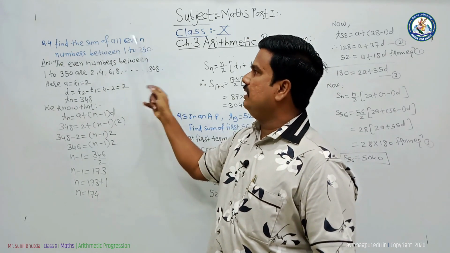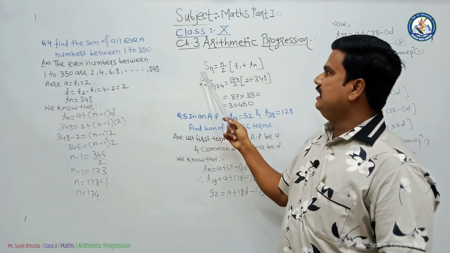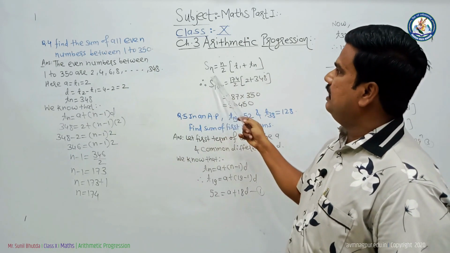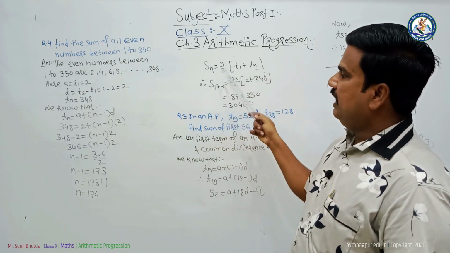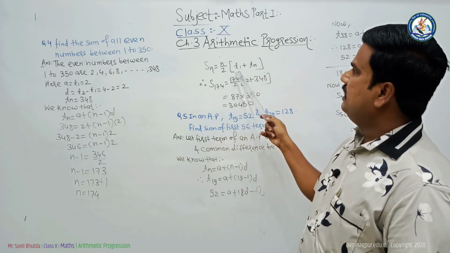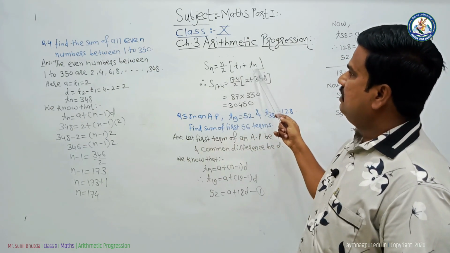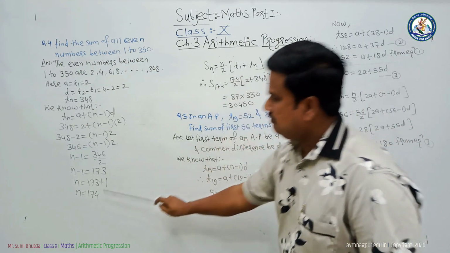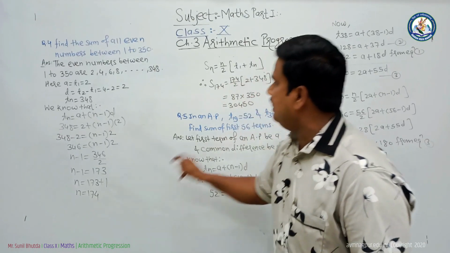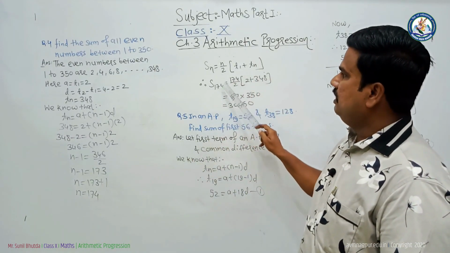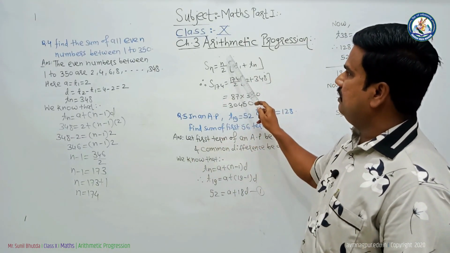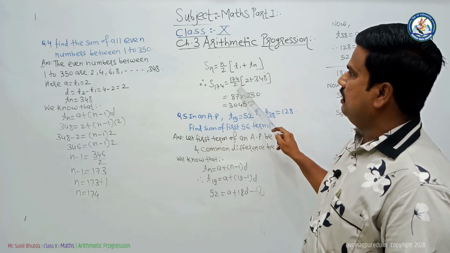But we have to find the sum of all even numbers. Therefore, write the formula to calculate the sum of n numbers: Sn equals n by 2 in bracket T1 plus Tn. Small n is 174, so 174 upon 2.